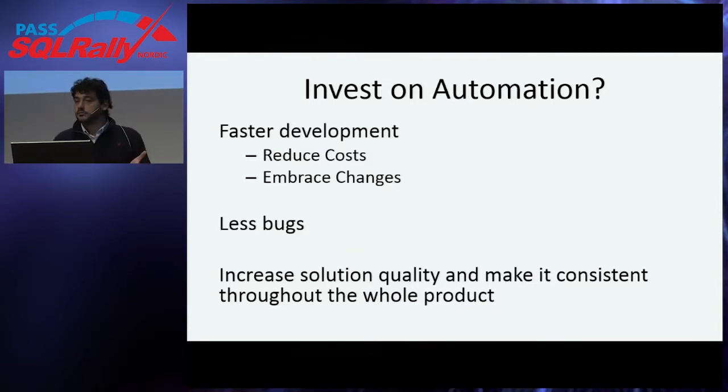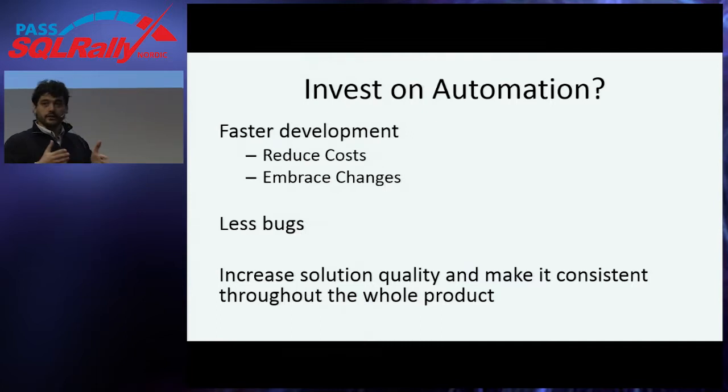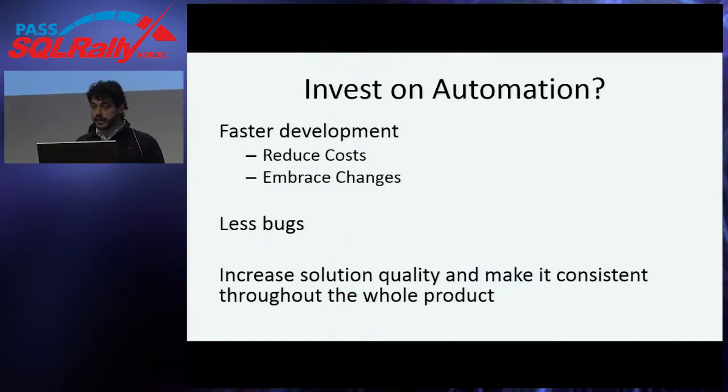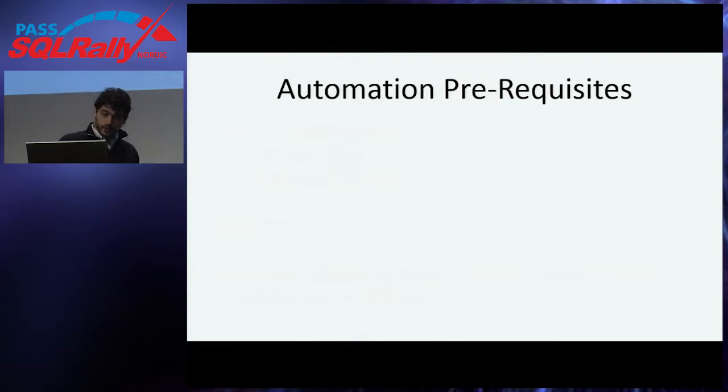How can we do that? By allowing them to use tools that let them follow a path and be sure that it is the correct path. So again, having some automation in place not only reduces cost, allows us to embrace the changes and produces fewer bugs, but actually increases the overall quality of our solution. So this is probably something worth spending some time on.